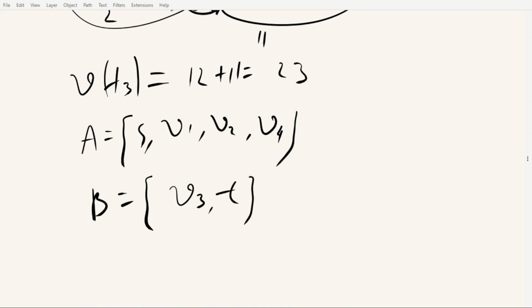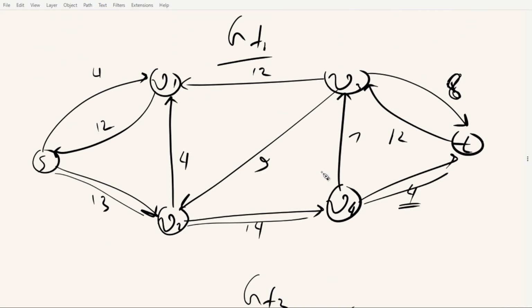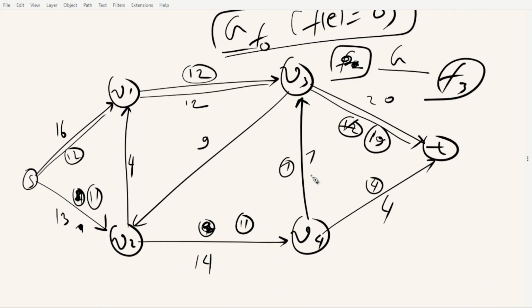Now we compute the capacity of the cut AB, which is simply the capacity out of A. So we mark the boundary around S, V1, V2, V4.